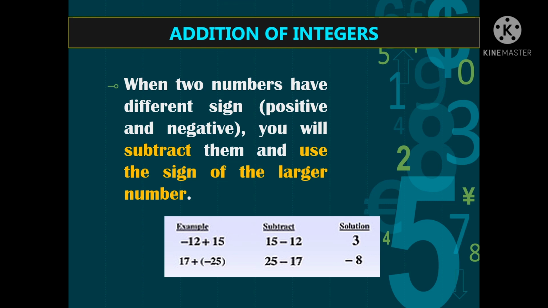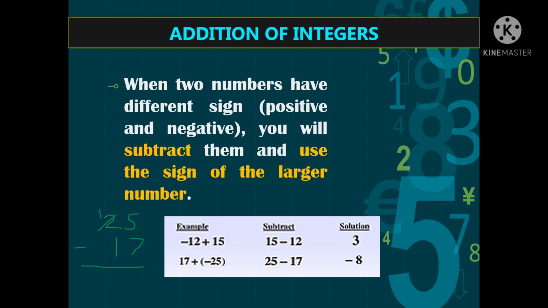Now let us proceed to the second example. 17 plus negative 25 is equal to negative 8. So how did that happen? We will first write the larger number, which is 25. We'll disregard their sign in solving, and we have 17. So we will subtract. So 5 minus 7 can't be done, so we will borrow 1 from here.